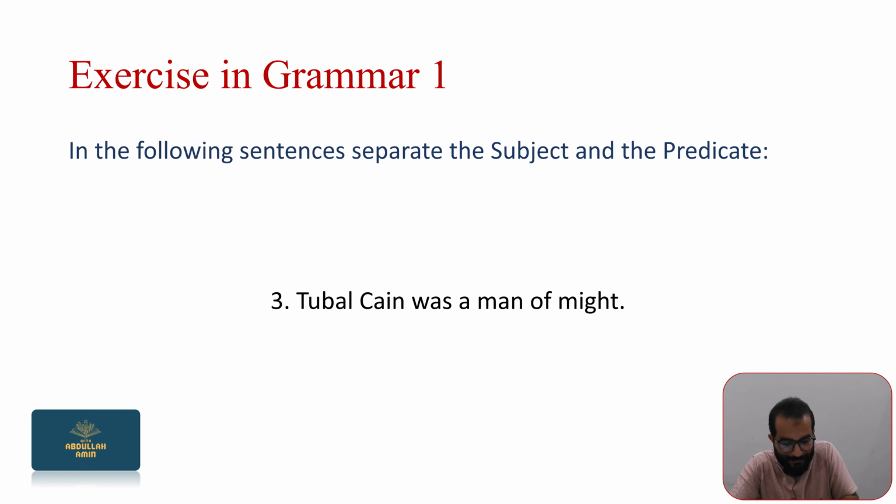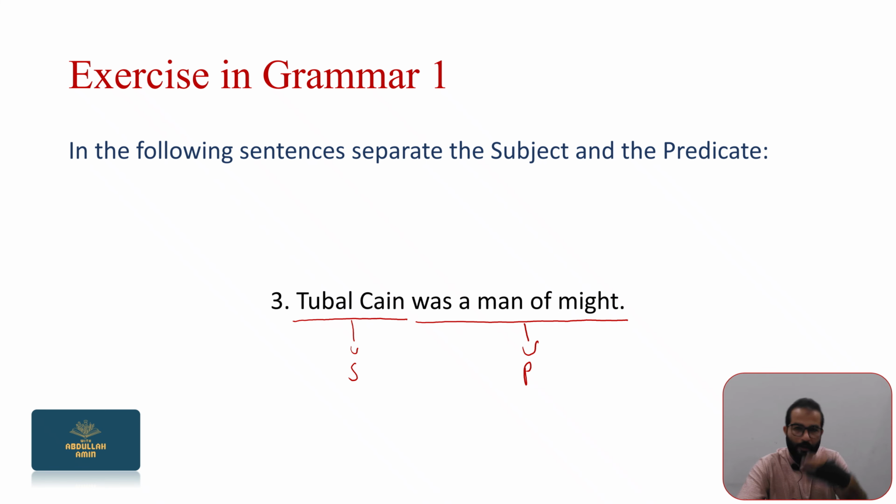Over here, this name Tubal-Cain, this is the subject, and was a man of might, it is the predicate in this example. So again, we are having the subject, which is the one we are giving information about, and what is the information, that he was a man of might. This is the easiest way to understand it.